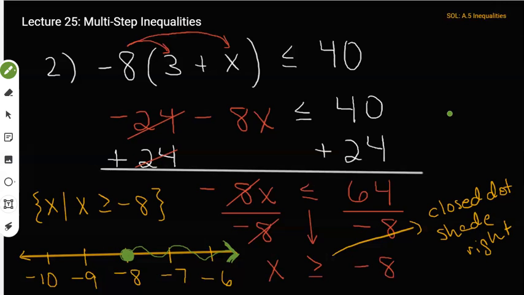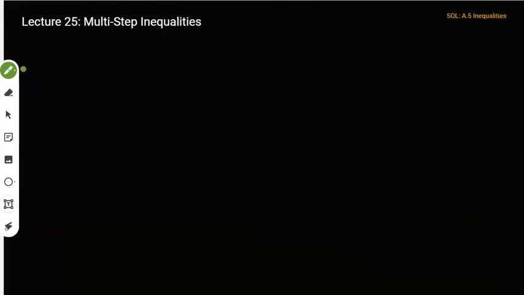Okay, let's do number 3. This is going to be the last one that we do together. So for number 3, we're going to do -2 times 7x plus 6.